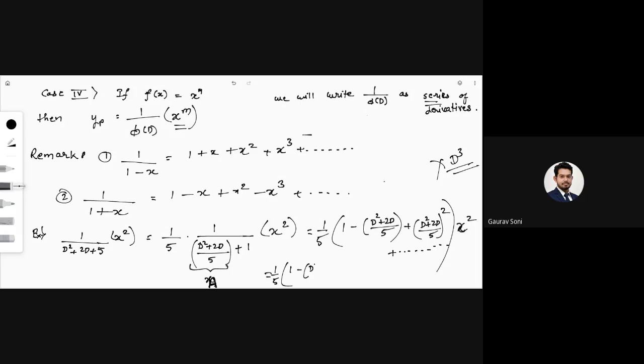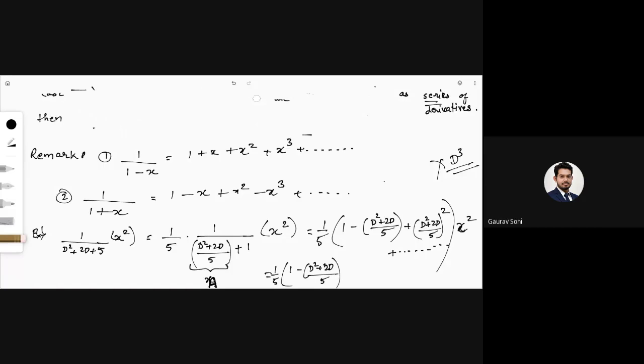d square plus 2d divided by 5 as it is. Now expand this. I'll do the expansion at the top of this page, of d square plus 2d divided by 5 whole square. So what do we have? d square plus 2d by 5, and there is a square.